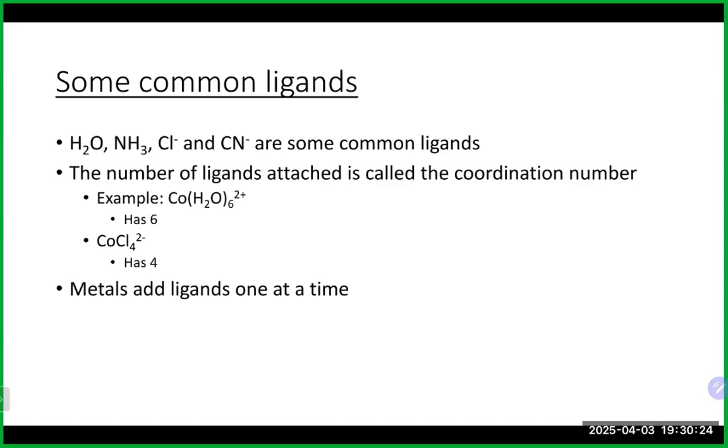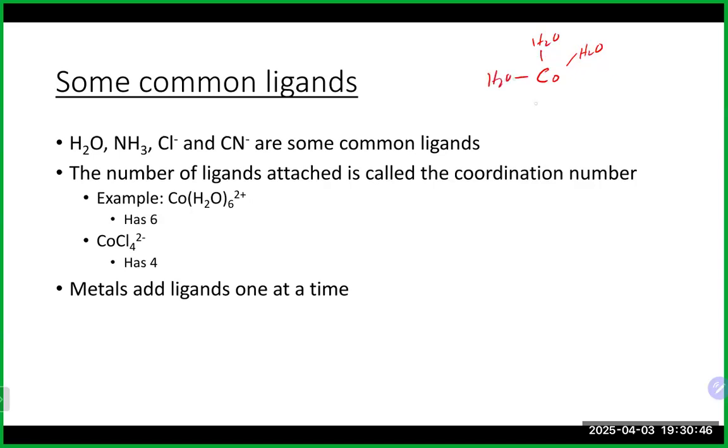Something we sometimes talk about with complex ions, and we'll talk about it more specifically when we get to that chapter later on, is what's known as coordination number. The coordination number is how many atoms are directly attached to the metal. For example, here in the case of cobalt, it is attached to 6 waters.